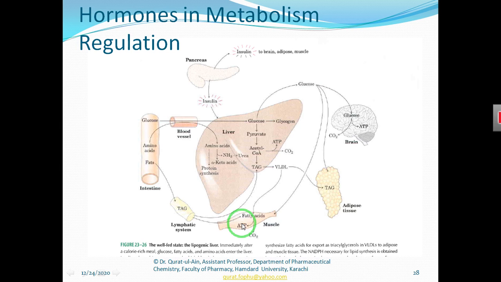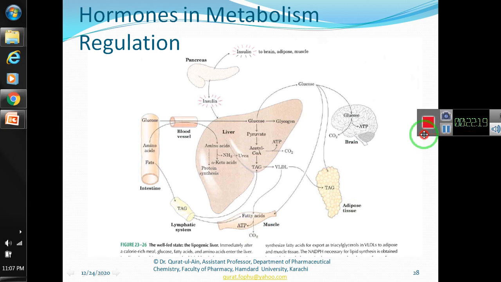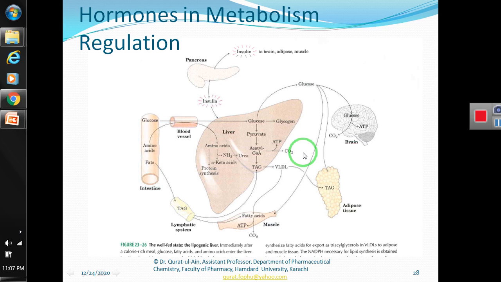So this is how metabolic reactions are regulated in our body by different enzymes, different second messengers, and different hormones. What are the second messengers that regulate metabolic reactions? These are cyclic AMP, phosphoinositol, and calcium. And what are the hormones that regulate the metabolic processes in our body?